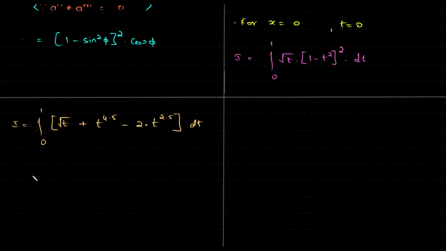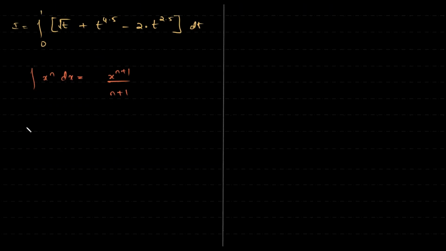And integration of this, we integrate x to the power of n dx using this formula, and we have the following result. Here it would be t to the power of 0.5 plus 1, by this expression, that will be 1.5.